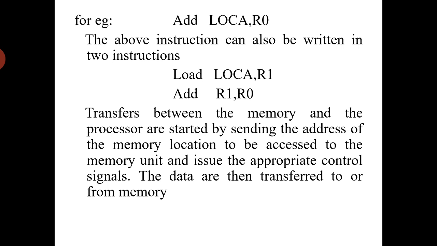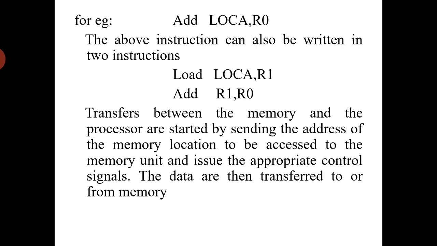Then place the final sum into the register R0. Here R0 works as both source and destination, and location A works only as a source.